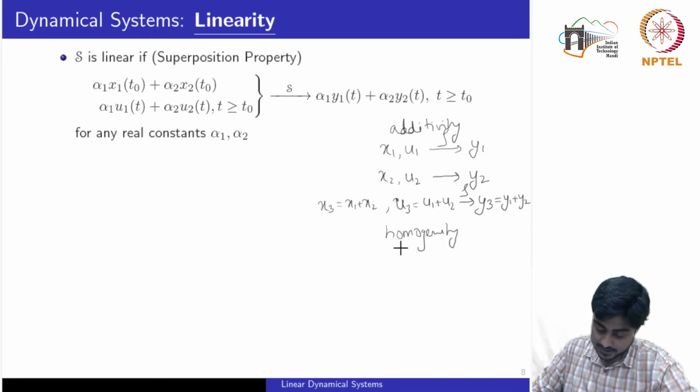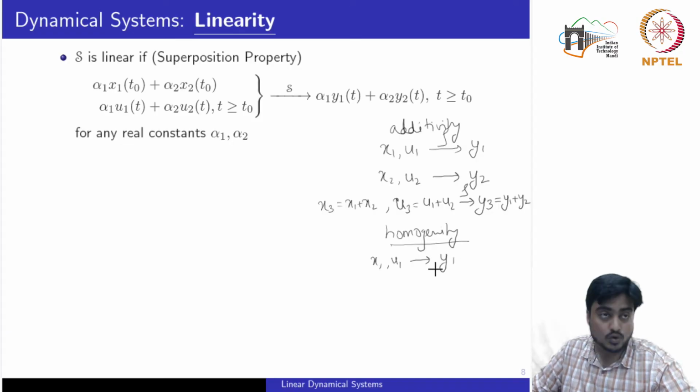Now homogeneity says that if we have x1, u1 applied to the dynamical system S and we obtain the output y1, now if we take any real constant, let's say alpha, and multiply x1 and u1 and apply them to the same dynamical system, then the output which we obtain, let's say y2, should be equal to alpha times y1.